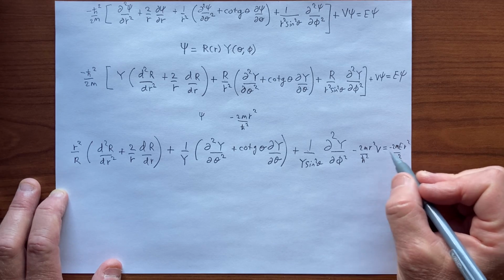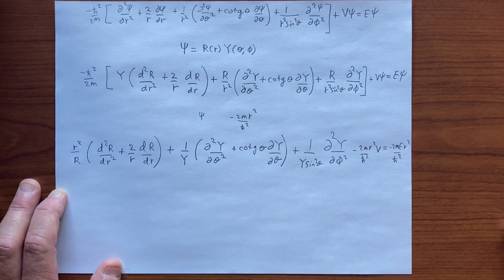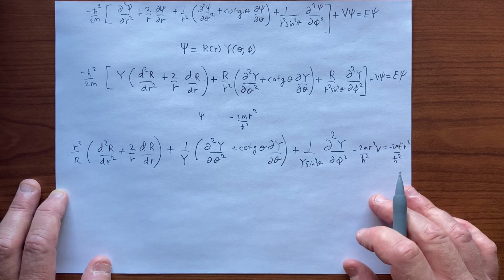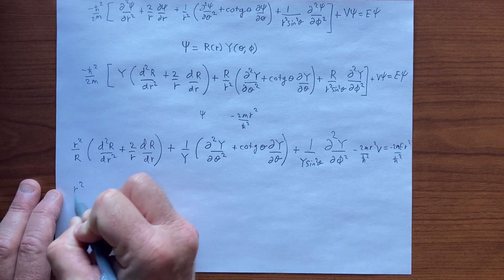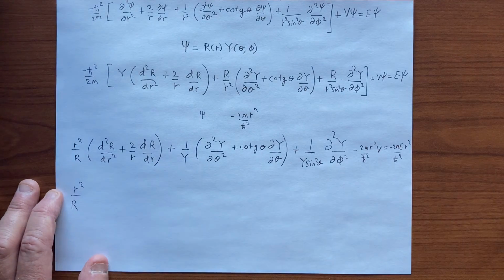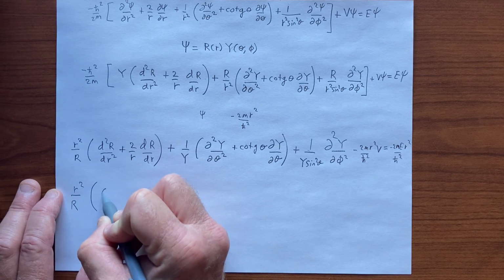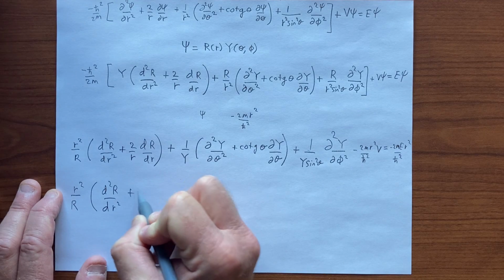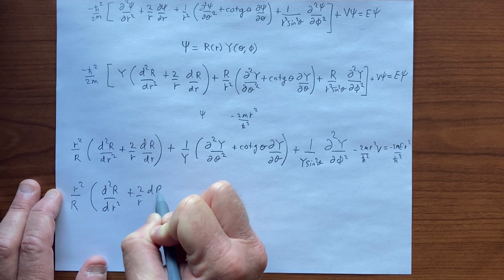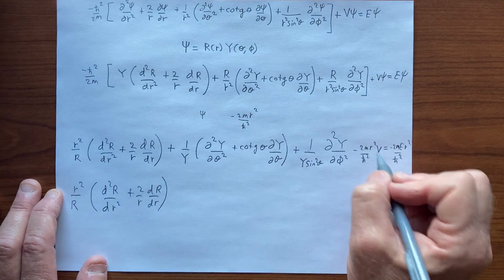Let's bring this over to here, and all of this ends up being part of this. Let's just do that. For visual effect, we'll combine all things that need to be together. Two derivatives in this, r plus 2 over r dR by dr. We'll combine all of that.